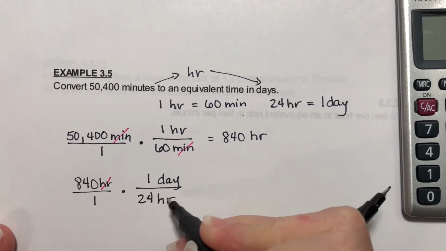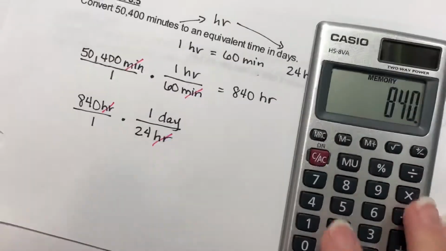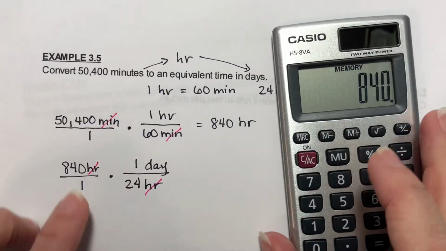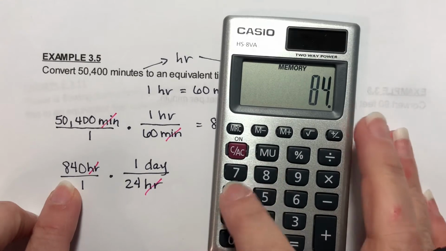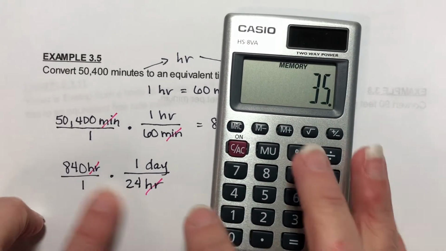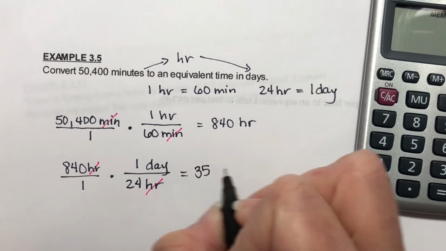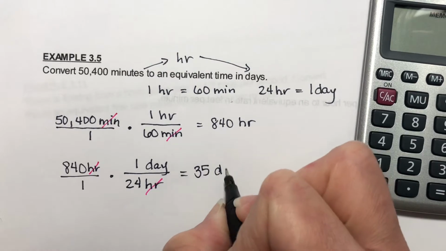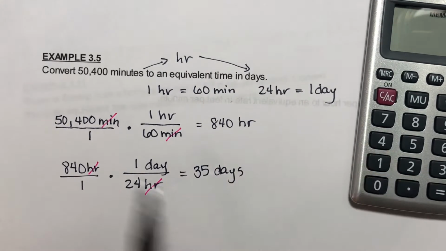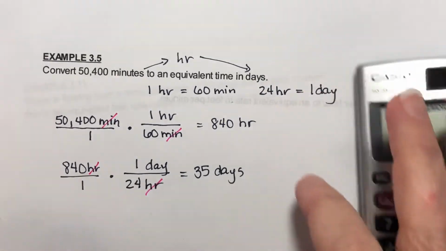Again, the hours cancel out, and if I multiply straight across or I consider canceling here, I end up with 840 divided by 24, which gives me 35 days. So 50,400 minutes is the same thing as 35 days.